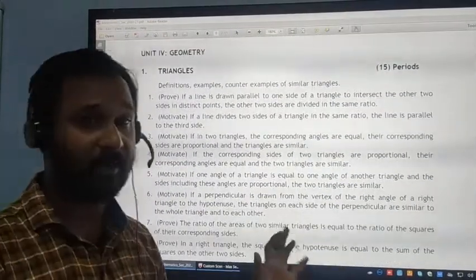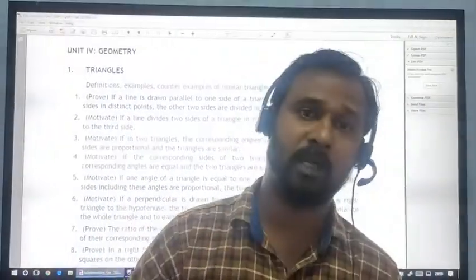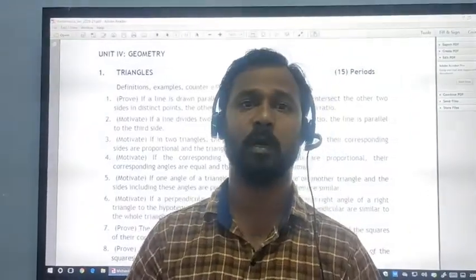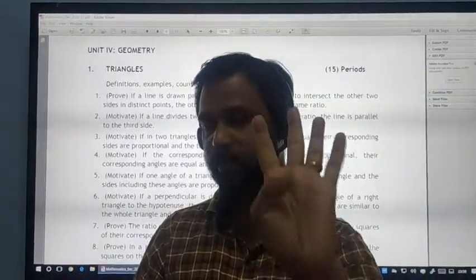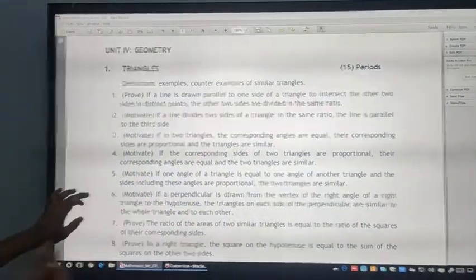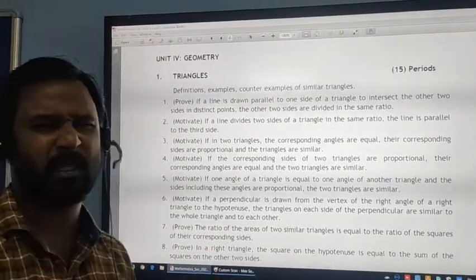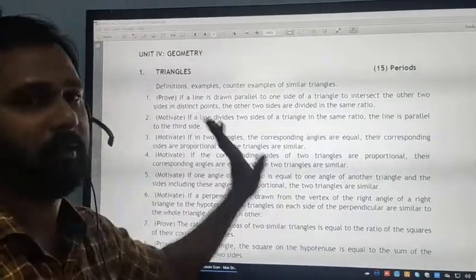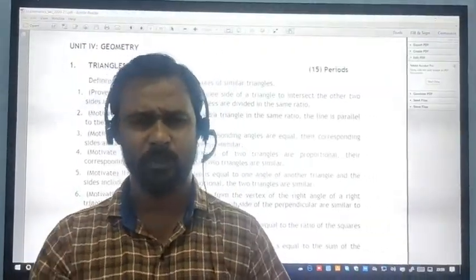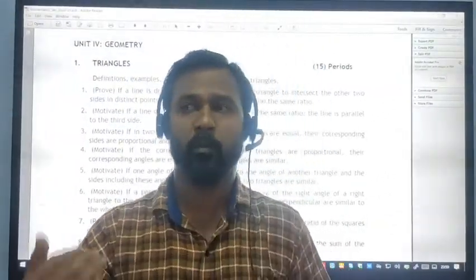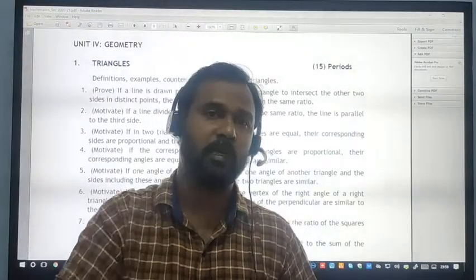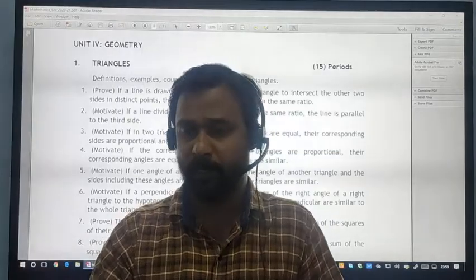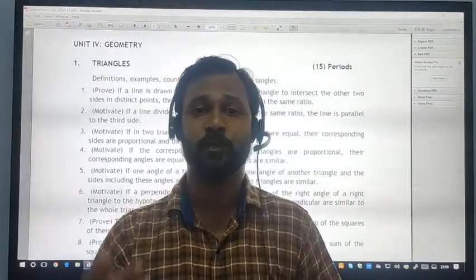Now, one of the main sections in mathematics everywhere is algebra and geometry. Algebra contains 4 chapters. Geometry has more than 1 chapter. One of the main chapters where students will feel some difficulty is triangles. You know, triangle is one of the basic figures in mathematics. But in 10th class triangles, we will see the relation between 2 different triangles using the concept of similarity.